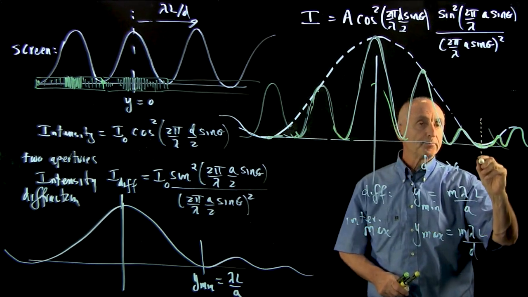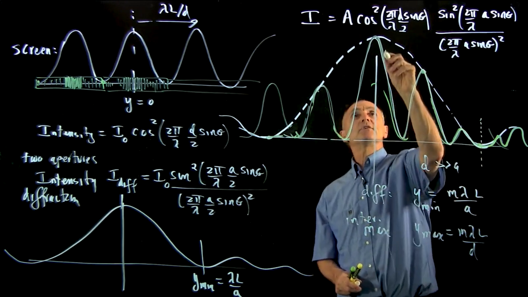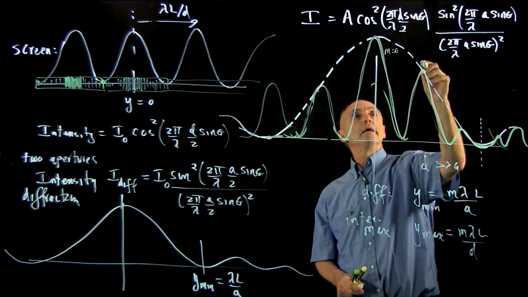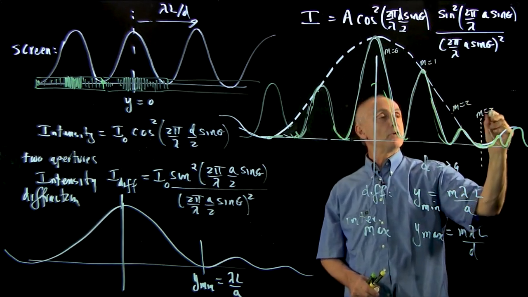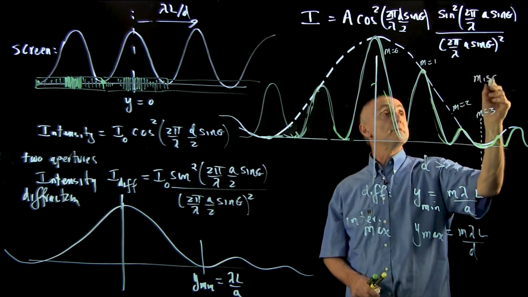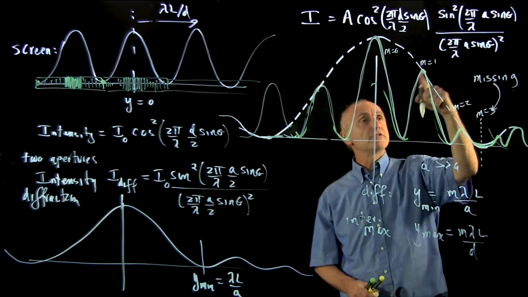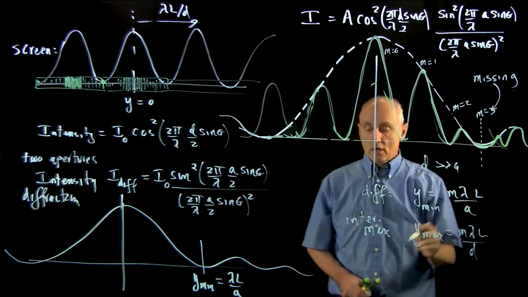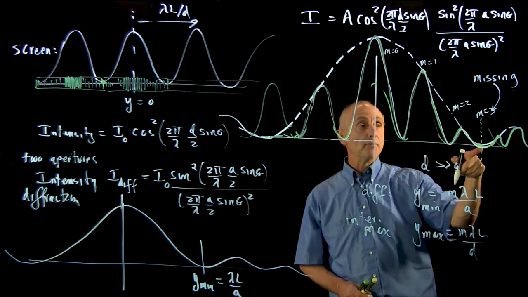Now, from this intensity pattern, we can notice the following very important fact. Right here, let's count interference maxima. This is m equals 0, m equals 1, m equals 2, m equals 3. And that's missing, because this m equals 3 interference maximum corresponds to the first diffraction minimum.